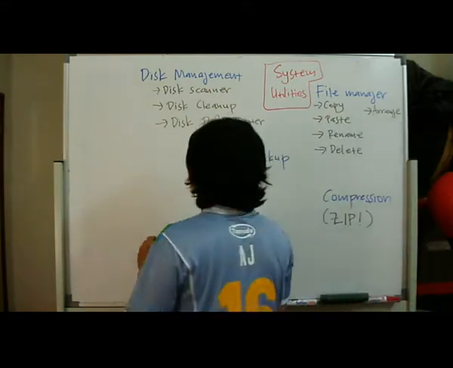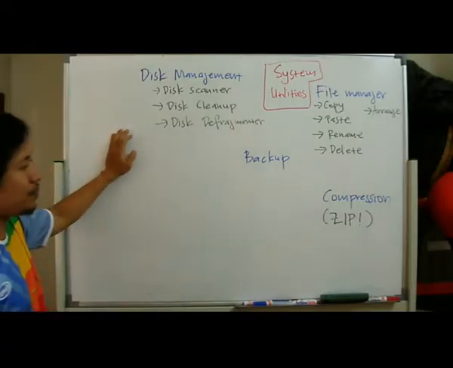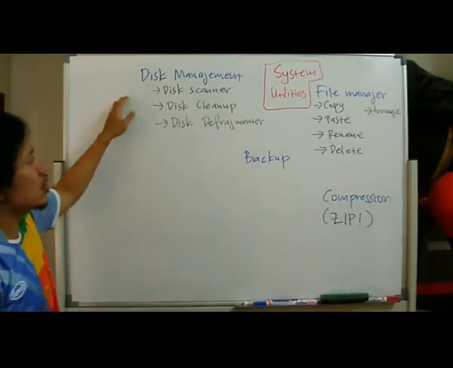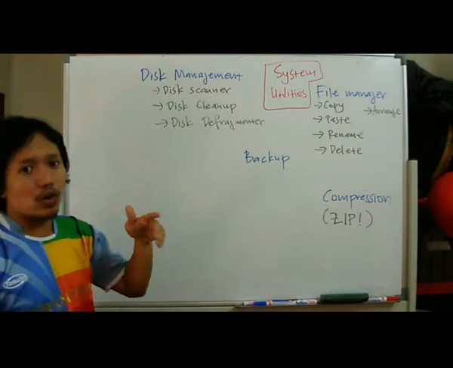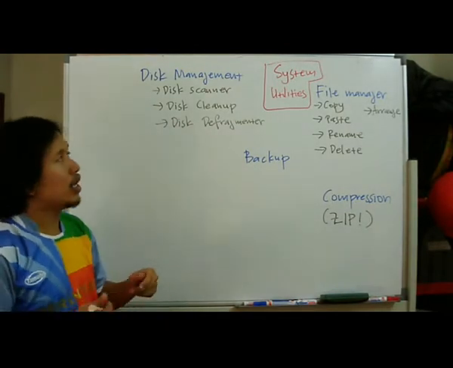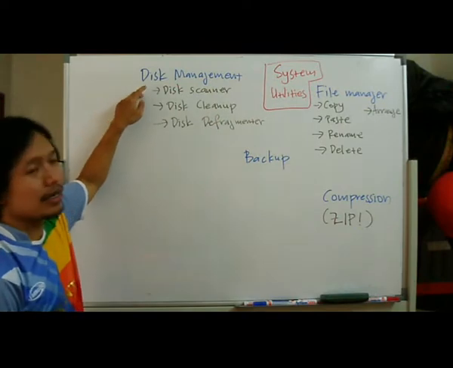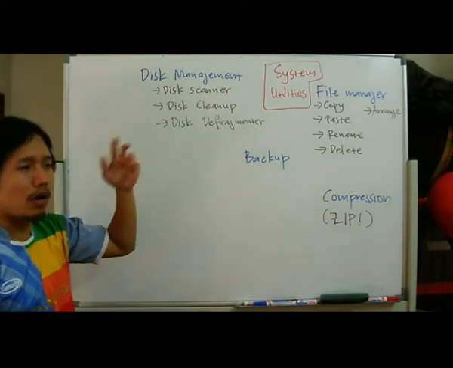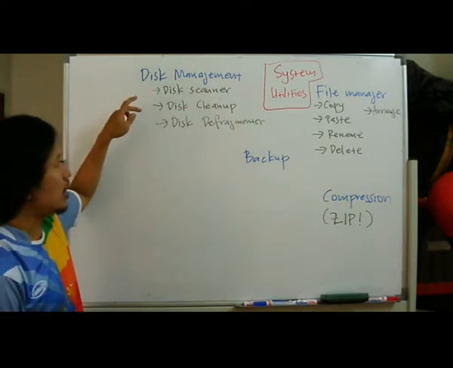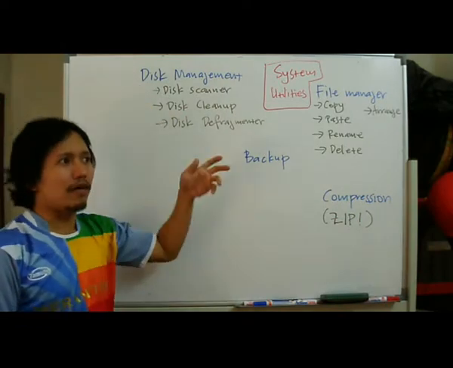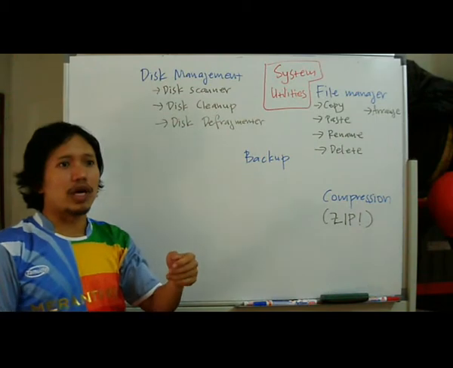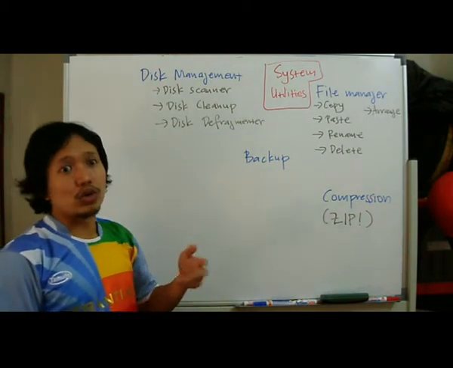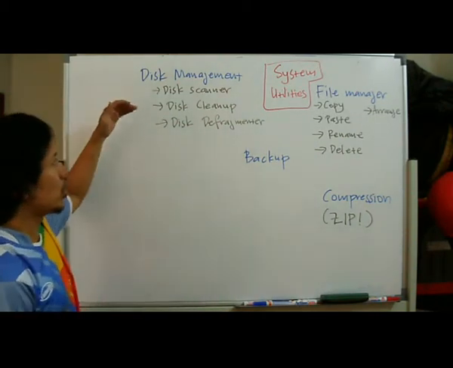Right? Next is disk management. Now, this is where you go through your disk, your hard disk, and manage it. For example, you can scan it, see if there's anything wrong with it, corrupted files, whatever it is. You can decide to clean it up. There may be files that you haven't been using for like 2 or 3 years, or 2 or 3 months, which you want to get rid of.